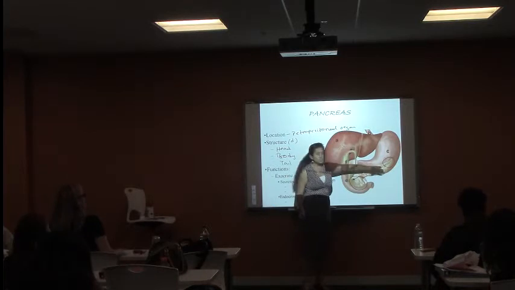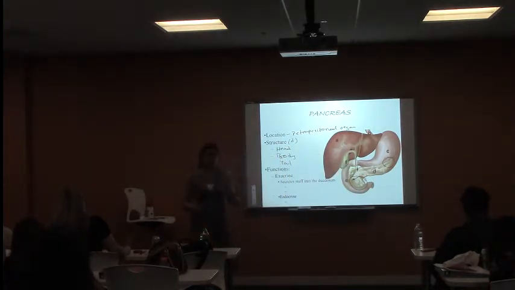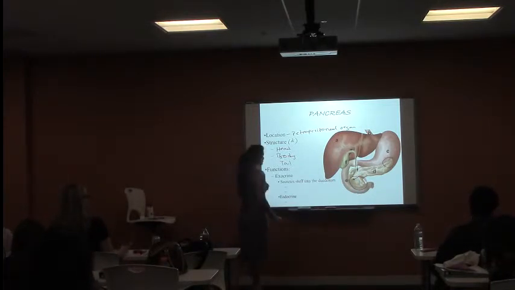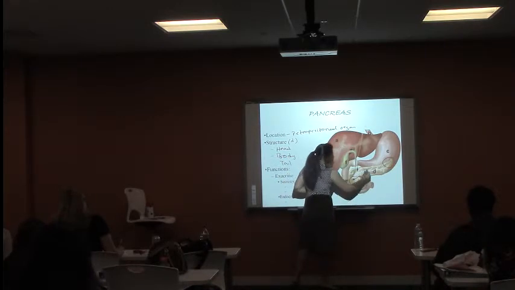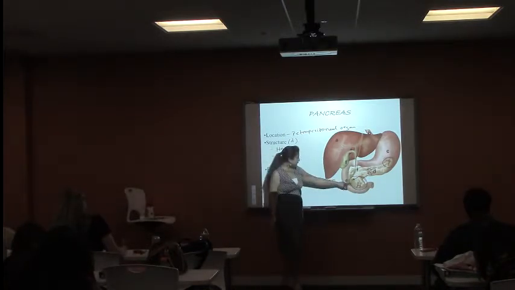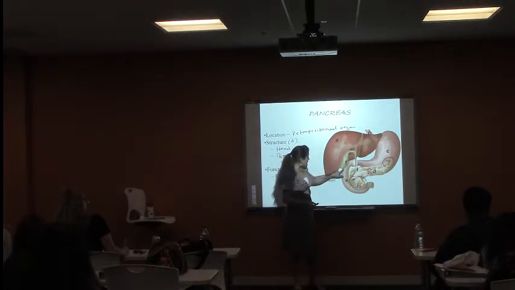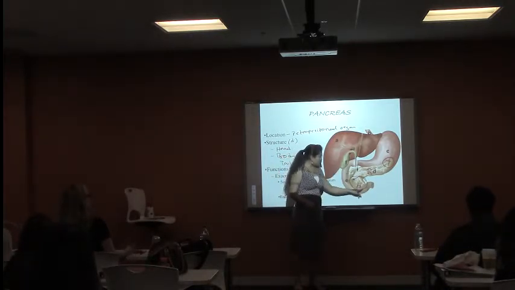This right here is the body. So the pancreas has three distinct sections: head, body, and tail. You can see the head actually forming into the groove made by the duodenum.